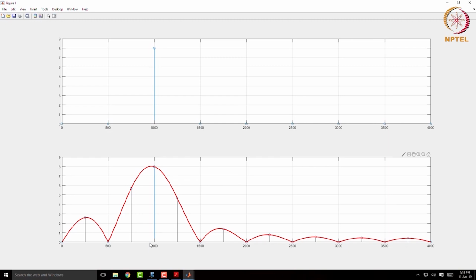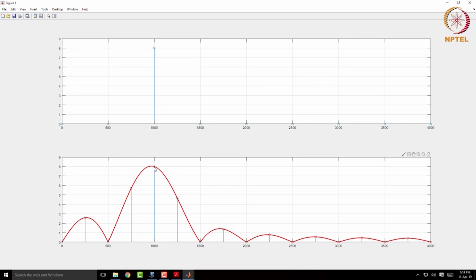So, as you zero pad more and more, you will be sampling the DTFT finer and finer, and you will get more closely spaced points. And notice that in the first subplot, the red curve is the underlying DTFT.